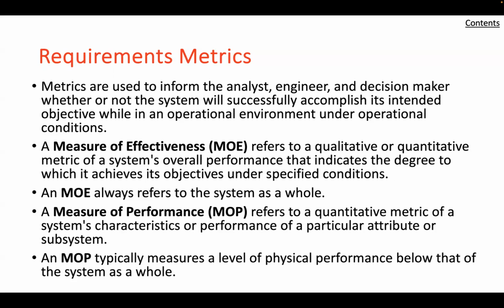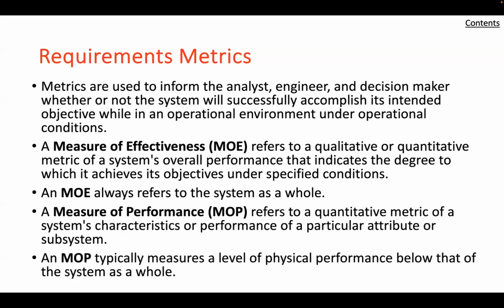So for measures of effectiveness, a qualitative or quantitative metric of a system's overall performance that indicates the degree to which it achieves its objectives under specified conditions. And MOE always refers to the system as a whole.